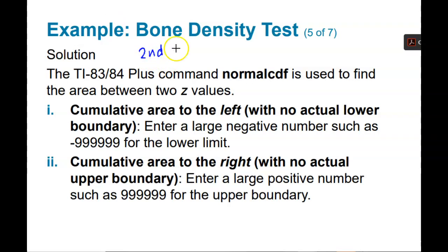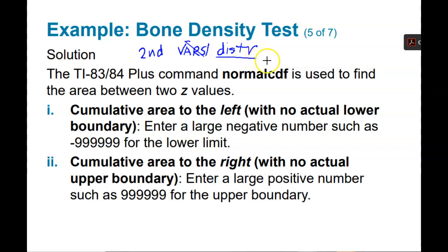You press the second key, and then the button you press is vars. I have to go very slowly for this to work: above that vars key, it says DISTR. That means distributions. That's your distributions menu. You have to press second first to get to this.